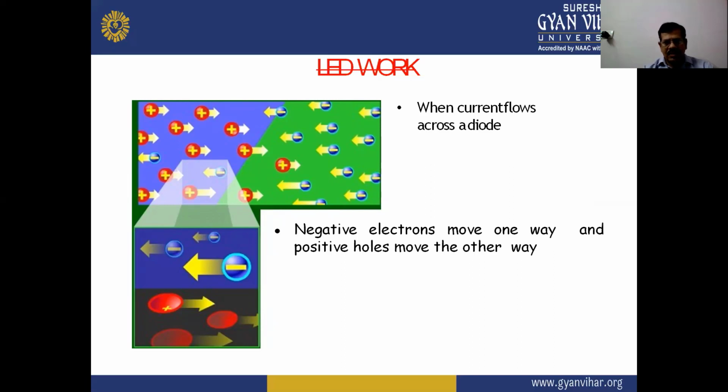Due to the flow of charge carriers, current is generated, and when charge carriers jump from one energy level to another, the energy is released in the form of light. So negative electrons move one way and positive holes move the other way, as shown in this diagram.